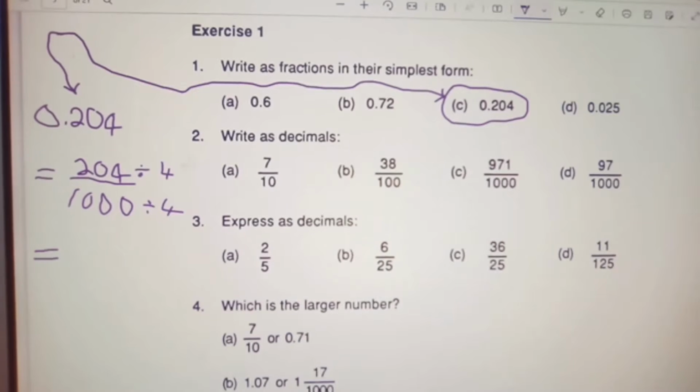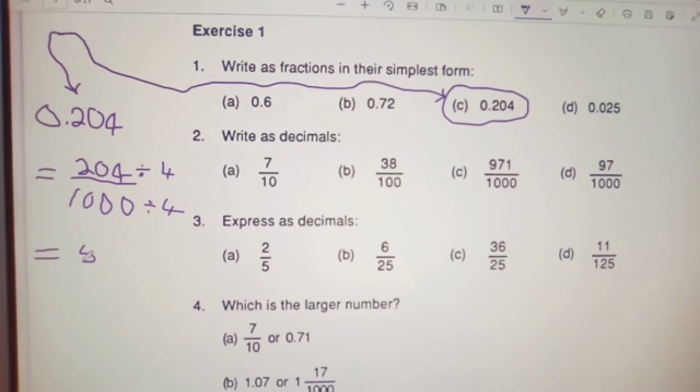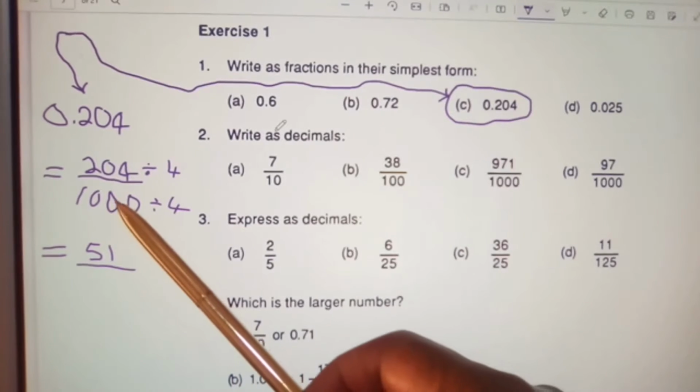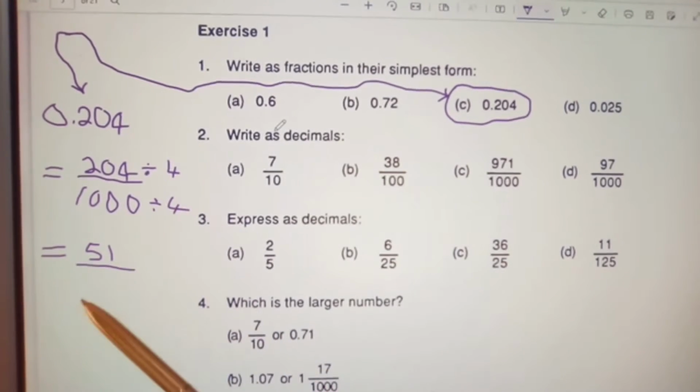51. So 204 divided by 4 equals 51. Now 1000 divided by 4 equals what?